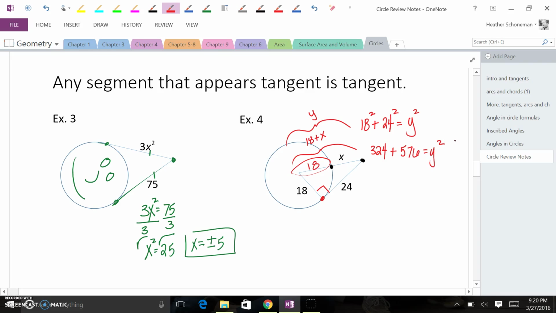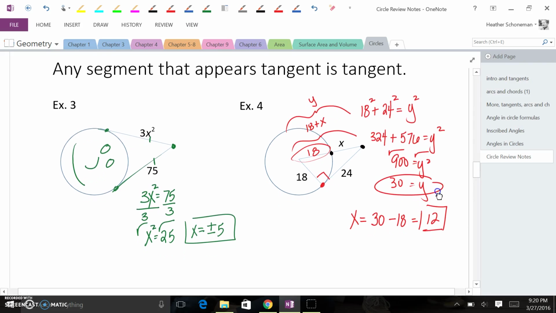Add those together and you get 900. Take the square root, and so y becomes 30. But that doesn't answer our question. We need to get x. And to get x, we're going to do 30 minus 18. So we can find the missing part, which is 12. And that's our final answer.